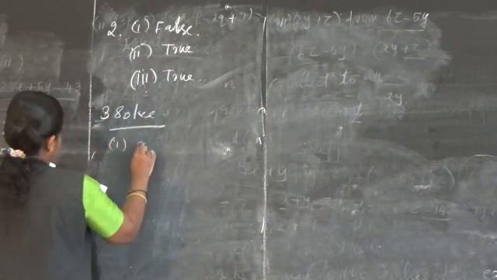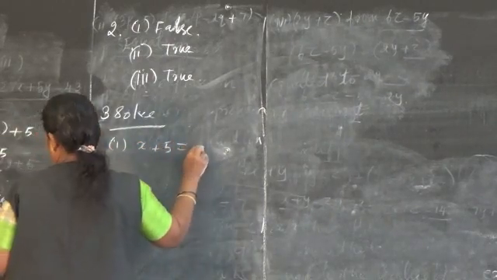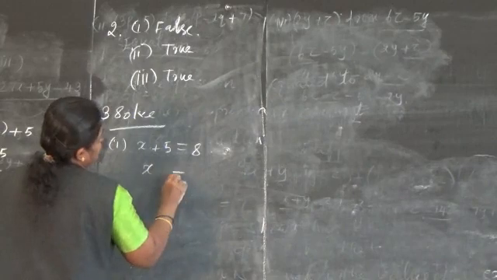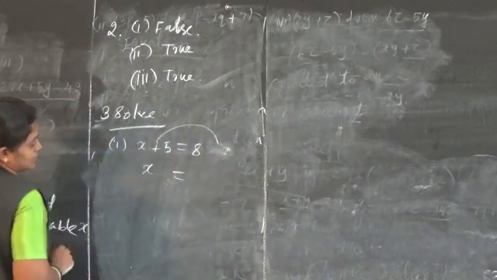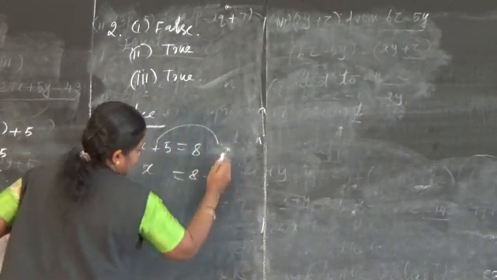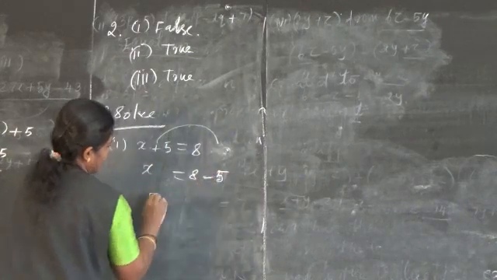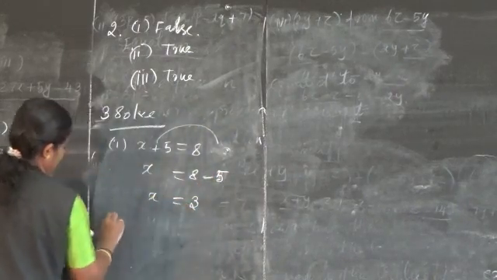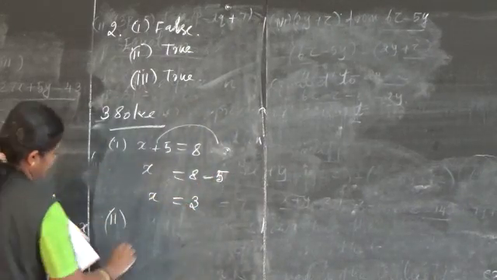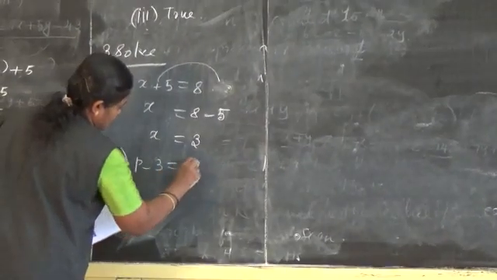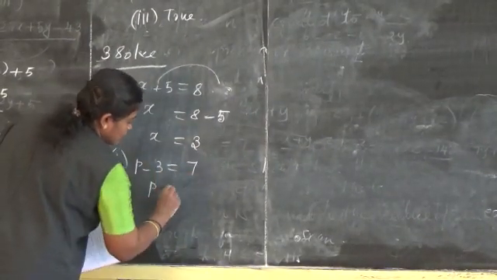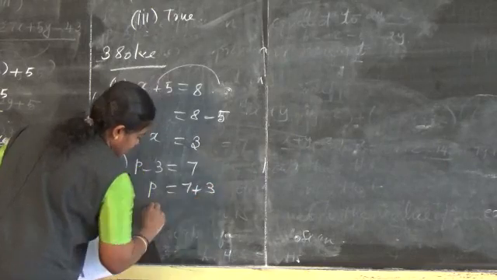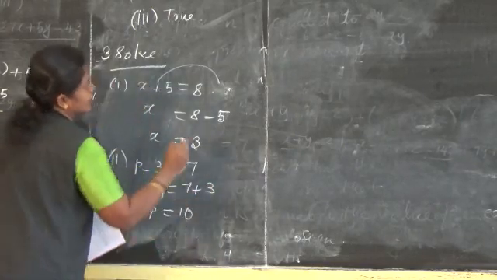First one, x plus 5 equal to 8. So plus 5 goes to that side as minus 5. 8 minus 5, answer is 3. Come to the second option, p minus 3 equal to 7, minus 3 goes to that side as plus 3, so p equal to 10.